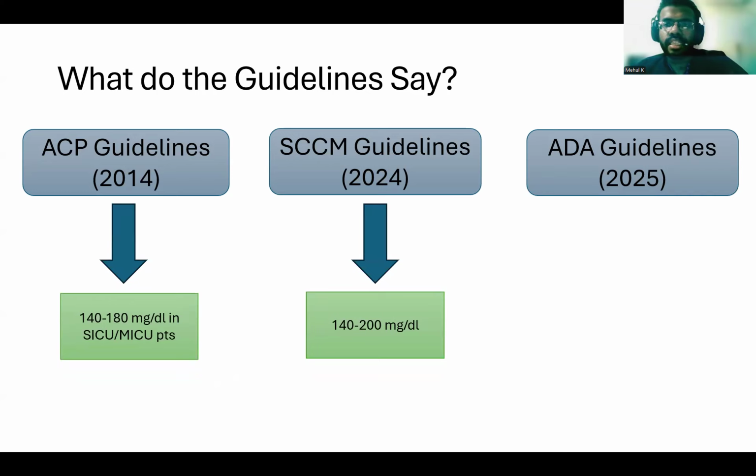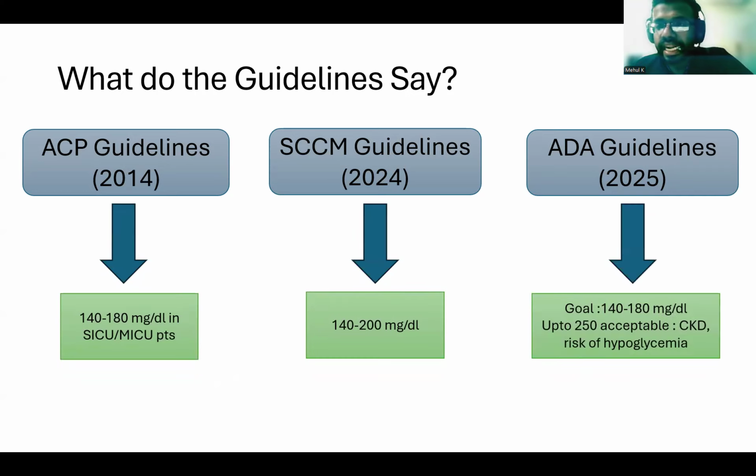SCCM recommends against tight glycemic control, and you can aim for something between 140 to 200. ADA says that again 140 to 180 is acceptable, and in patients who are at increased risk of hypoglycemia, for example your CKD patients, even up to 250 might be acceptable.